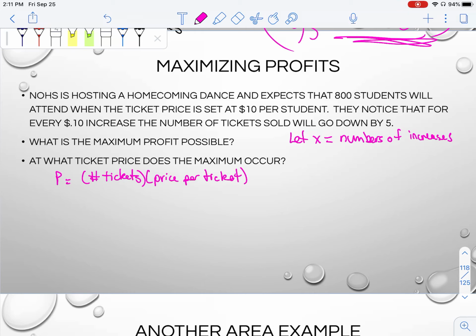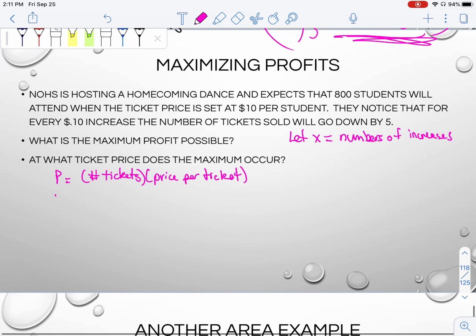So how are we going to put this in terms of x, the number of increases? The number of tickets we're selling is predicted to be 800, however we're losing 5 people per ticket increase. The price per ticket currently is set at $10, however it's going to increase 10 cents per increase.